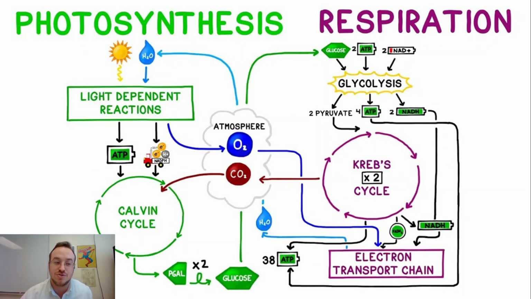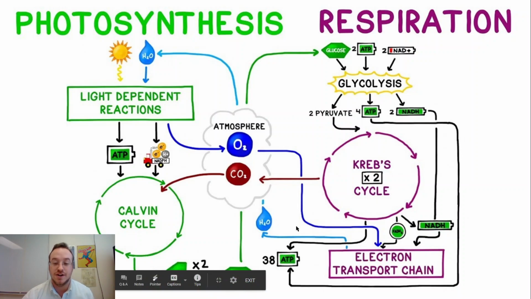You ingest glucose. You eat food. And that glucose gets used in glycolysis, right? Then through breathing, you're going to intake oxygen when you breathe. The Krebs cycle and electron transport chain are going to occur, pump out even more ATP, right?